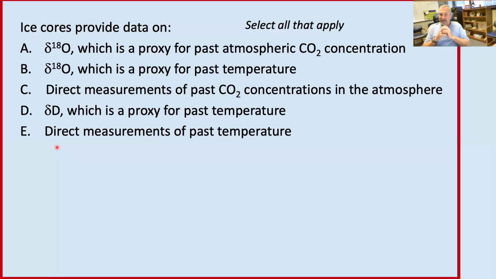And D, the amount of deuterium relative to the standard, which is a proxy for past temperature. So those three are good measures. A, on the other hand, oxygen isn't really a good proxy for past atmospheric carbon dioxide. It's really only a proxy for temperature. Okay, so B, C, and D.